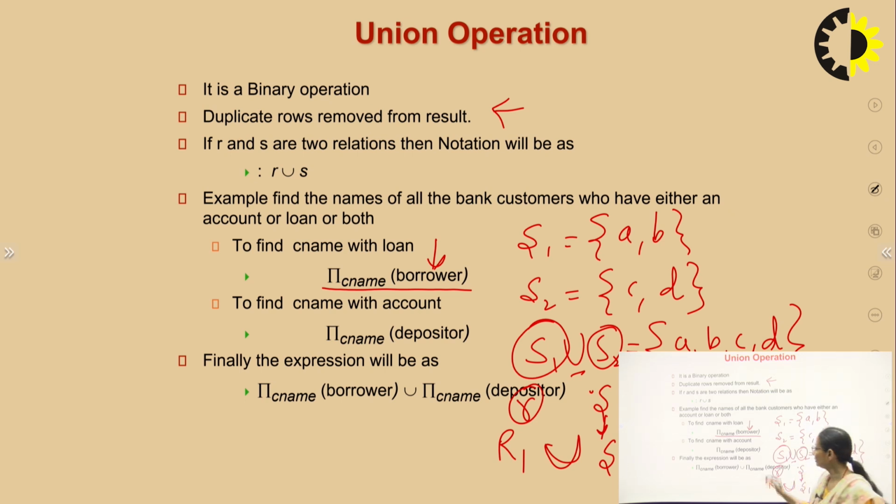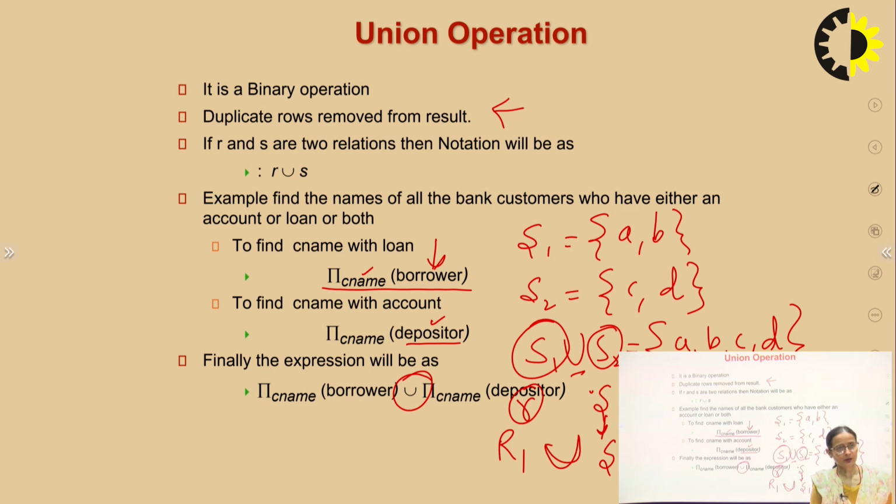I have another relation, depositor, where I maintain the account information of all my customers. Now I have two different tables, borrower and depositor. So what I am doing is selecting only the customer name from borrower, similarly only the customer name from depositor, and after that we are using the union operation.